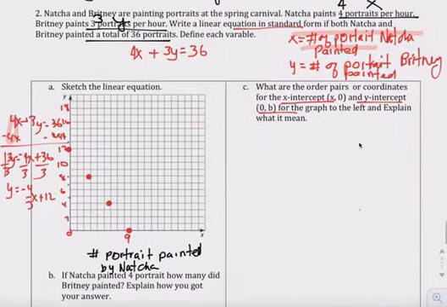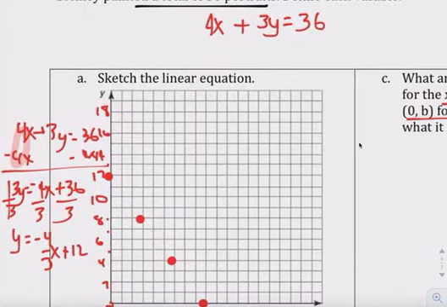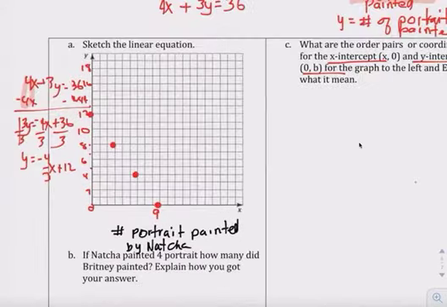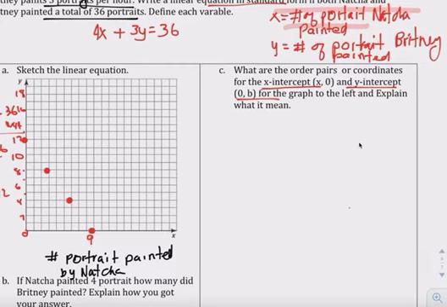And then the other one, the Y, is the number of portraits painted by Brittany. Well, it didn't fit. But anyways, if you want to find the X and Y intercept, there's another way to graph this without doing that.